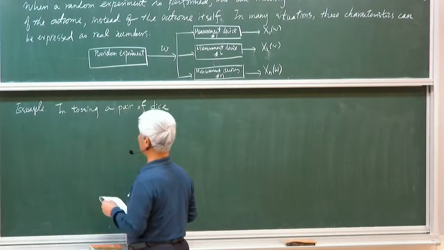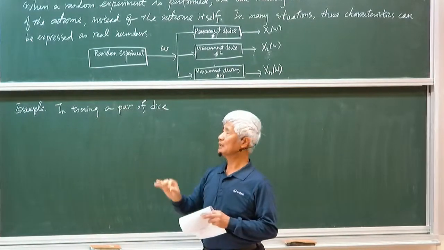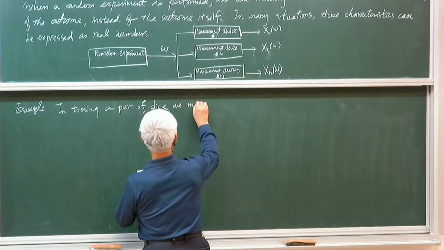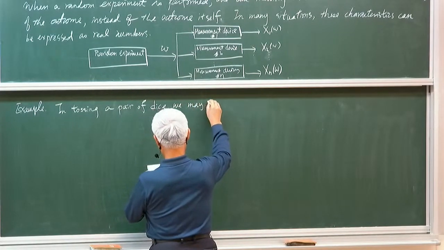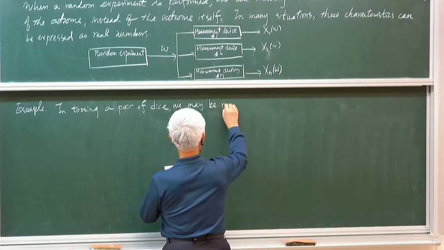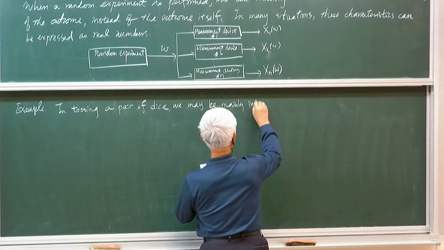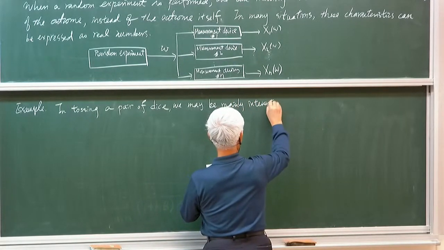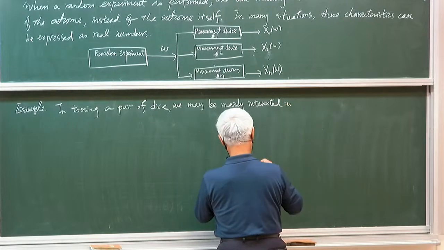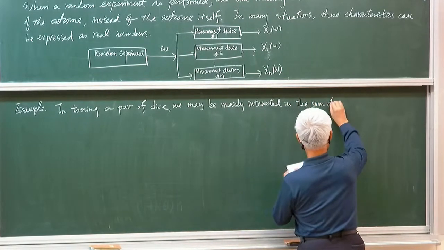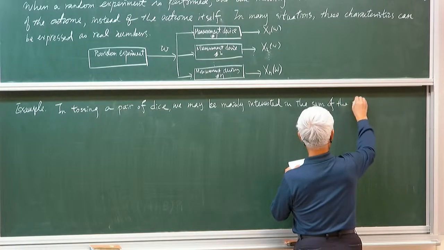So suppose that we toss a pair of dice, and we may be mainly interested in the sum of the two dice.